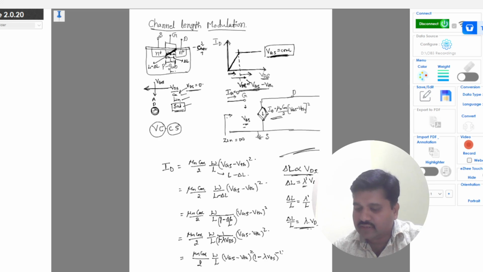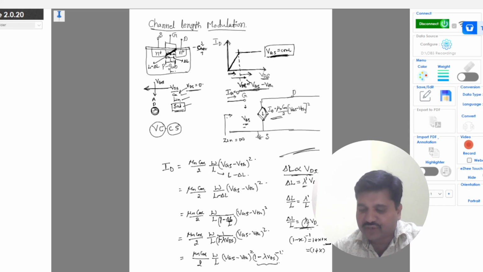Taking this part of the equation, 1 minus x to the power of minus 1 can be expanded as 1 plus x plus x square plus x cube and so on. Since delta L is very small, the higher order terms can be neglected, and it can be represented as 1 plus x.